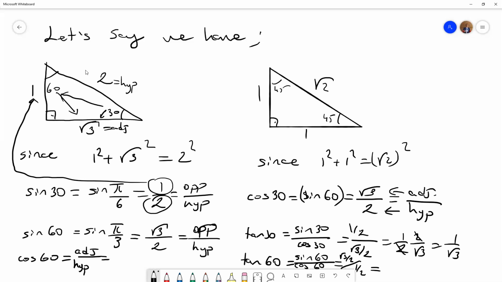The adjacent of 60 degrees is 1, and the hypotenuse is 2. It's 1 over 2. So for the calculation, 2 over 1, tangent 60 degrees is equal to square root 3. We can easily find that.